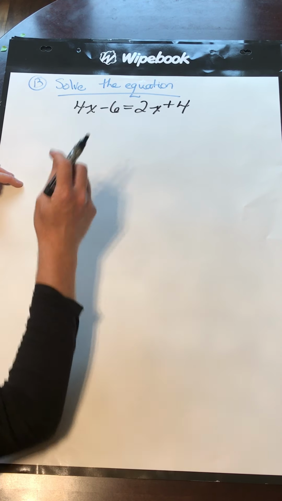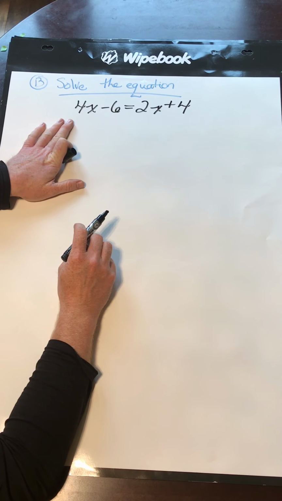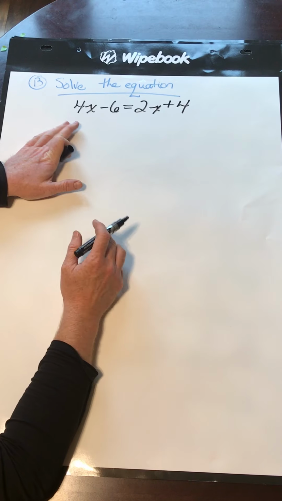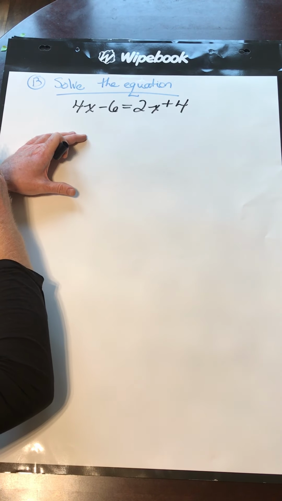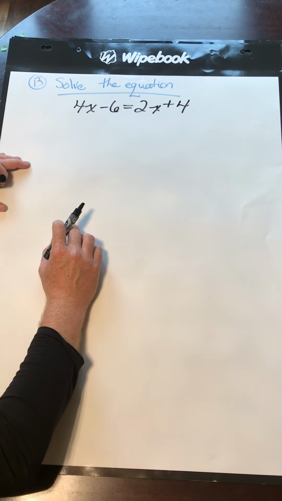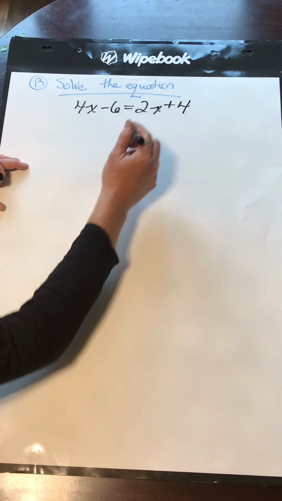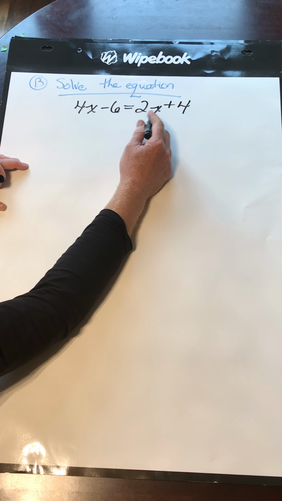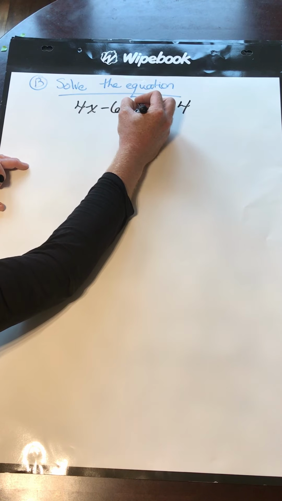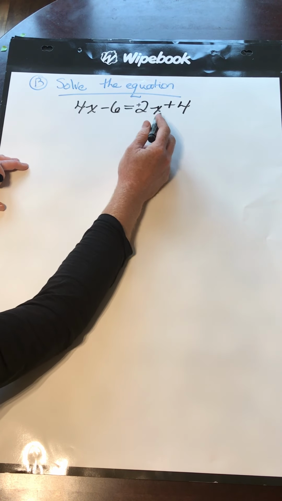Well, the most positive variables are on the left-hand side. So I want to isolate the variables on the left-hand side. Get all the variables to the left-hand side. So in order to do that, I need to get rid of this 2x on the right-hand side. So how am I going to go about removing this 2x? And remember, there's a positive in front of that positive 2x.